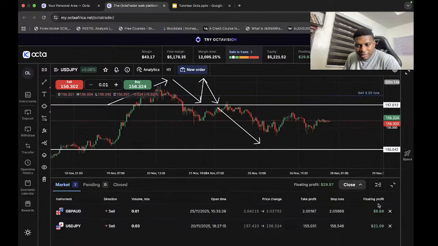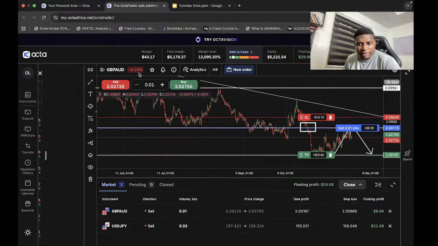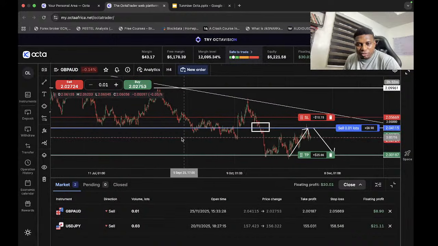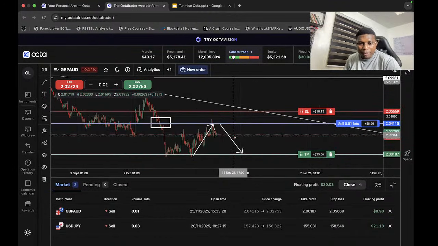When we look at GBPAUD, one of the audience mentioned that we should review GBPAUD. So we went through the GBPAUD market, and what we saw last week was also sell momentum.